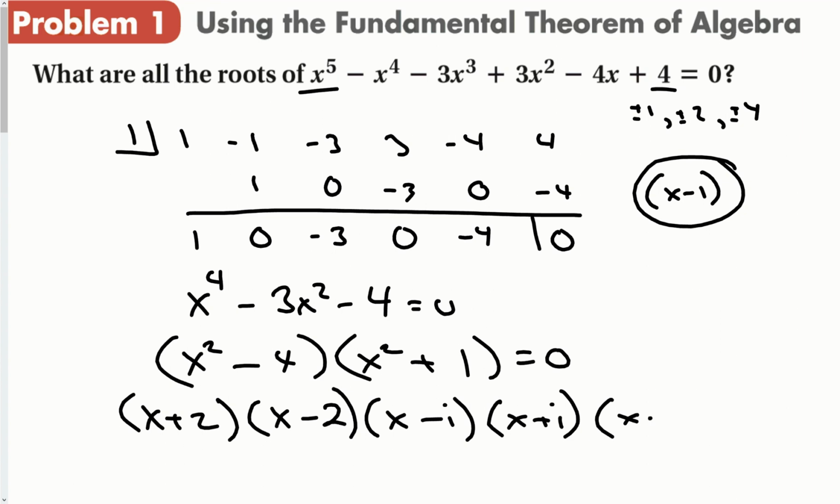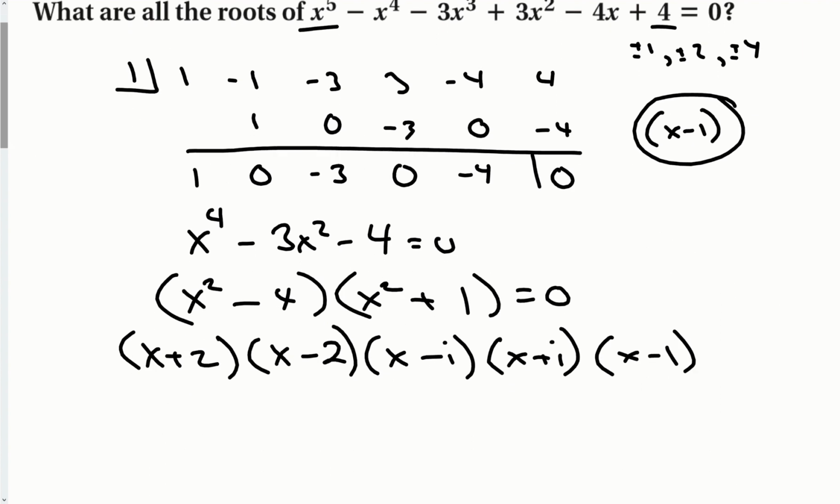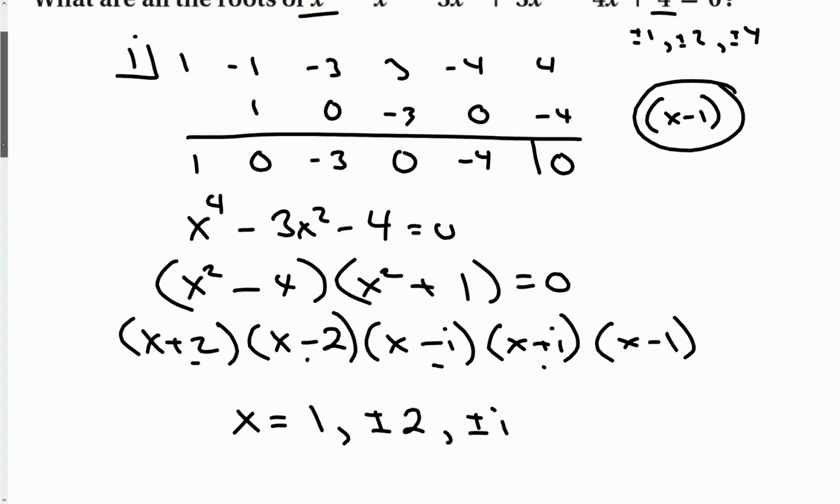So we have x minus 1 as well. Okay, so I have successfully factored this polynomial into 5 linear factors, which gives me my 5 roots as 1, plus or minus 2, and plus or minus i. 5 answers.